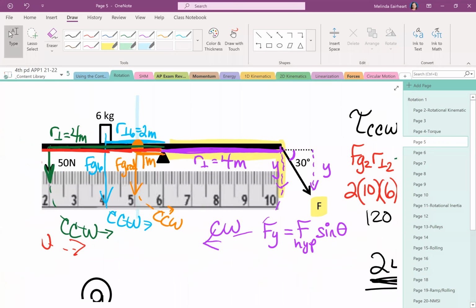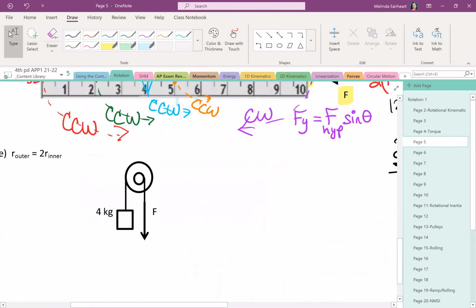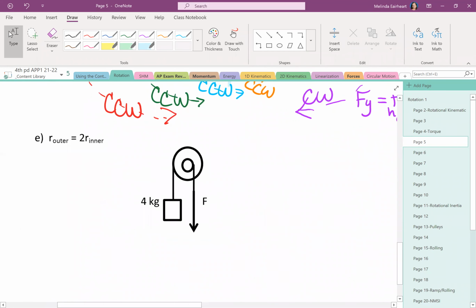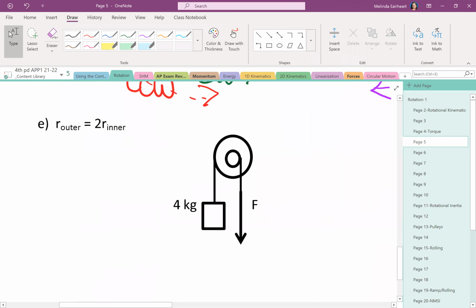Okay, the last one on this page doesn't really relate to the meter stick application, but it is a torque equilibrium. And so pulleys are coming in our future. We can apply torque to pulleys, forces, and energy and momentum. So pulleys are a big deal in the grand scheme of things. This is just, let's keep it all equal, 2 forces, not huge math, but they tell us there's an outer and an inner radius.